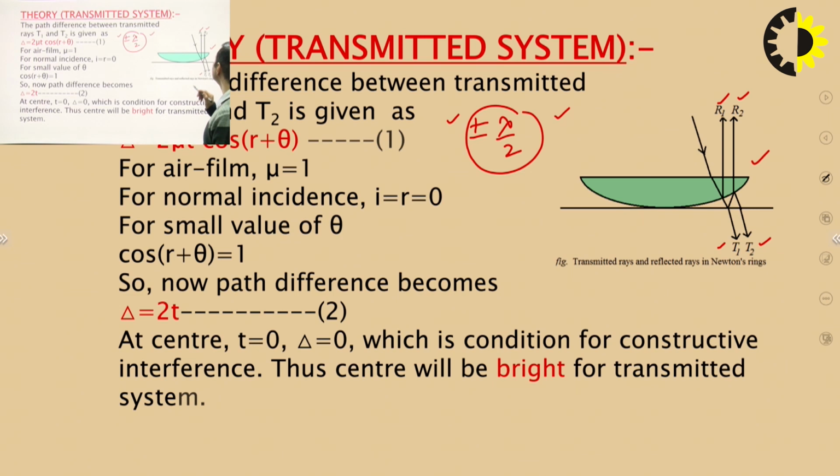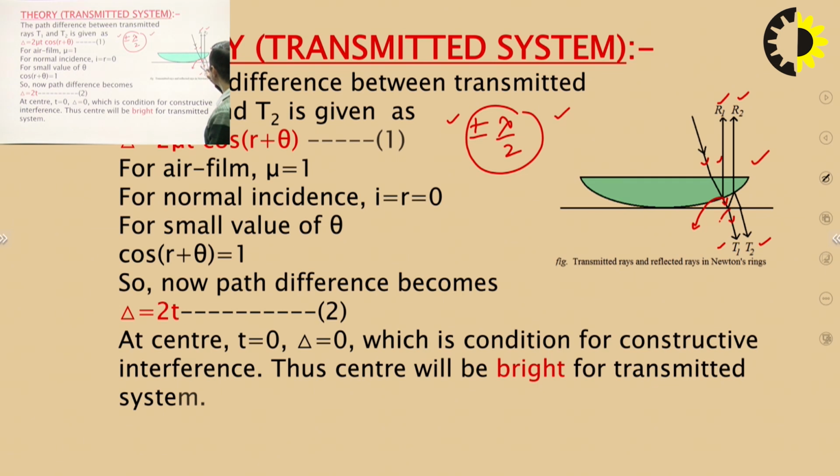You can see light is coming this way here. The first ray reflects as the reflected ray R1, then it refracts here and is transmitted.